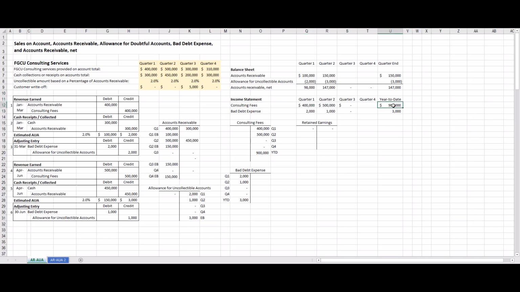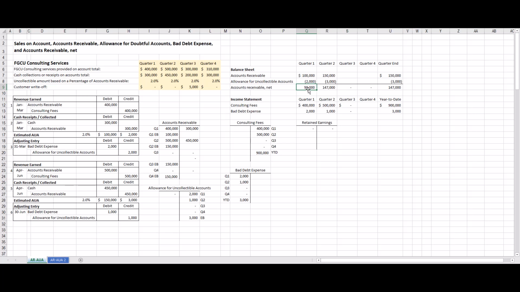Balance sheet information, on the other hand, is always reported at a point in time. We will not sum the quarters. We'll report the quarter end information. So at the end of the first quarter, which would have been March 31st, our accounts receivable net would have showed up on the balance sheet at $98,000.